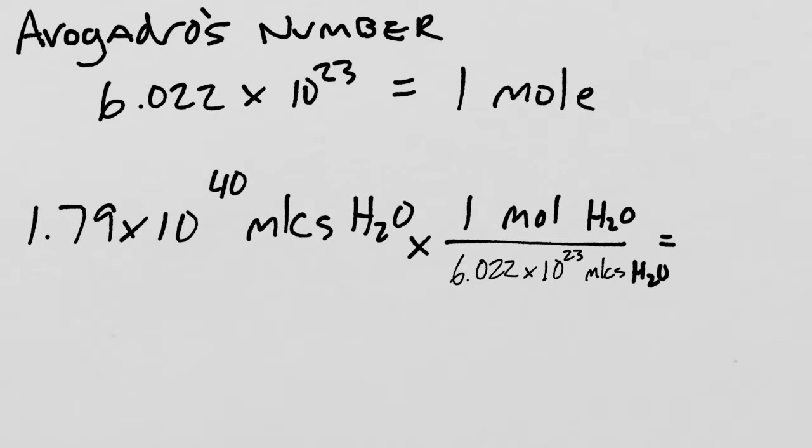So now we can see, again, 6.022 of anything is 1 mole. And in this case, we're talking 6.022 times 10 to the 23 molecules. That's just 1 mole of water molecules. Okay, so how many moles is this? We just divide 1.79 times 10 to the 40 by 6.022 times 10 to the 23.